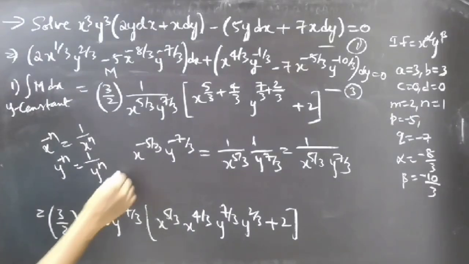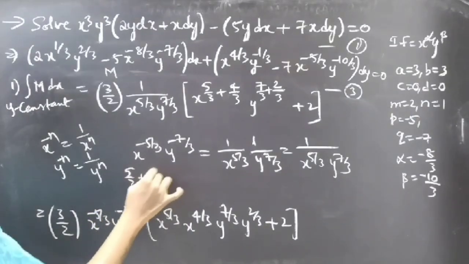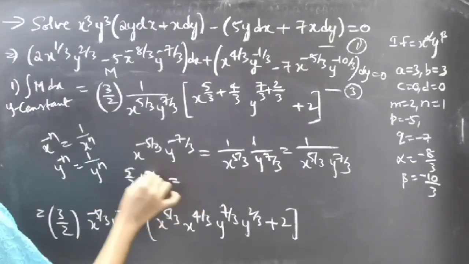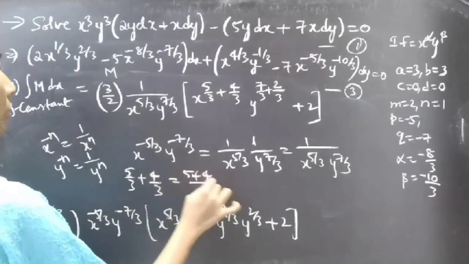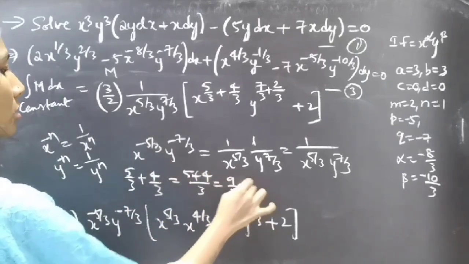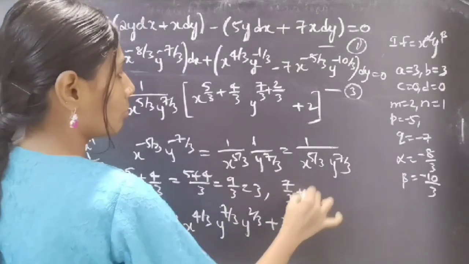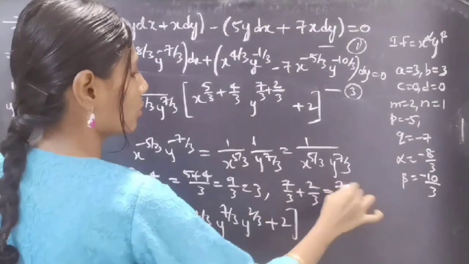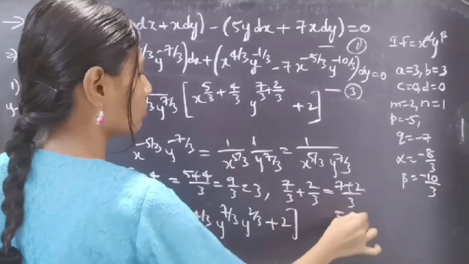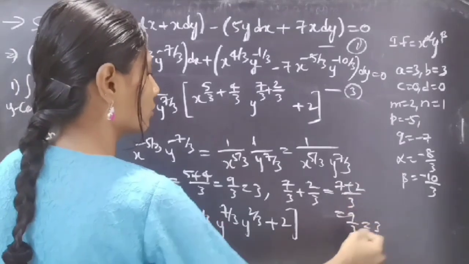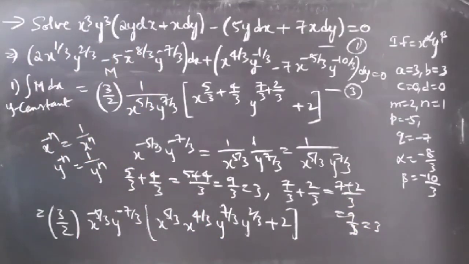Now simplify 5/3 + 4/3, which gives us (5+4)/3 = 9/3, which is 3. And 7/3 + 2/3 gives (7+2)/3, which is 9/3. From this you will get 3.